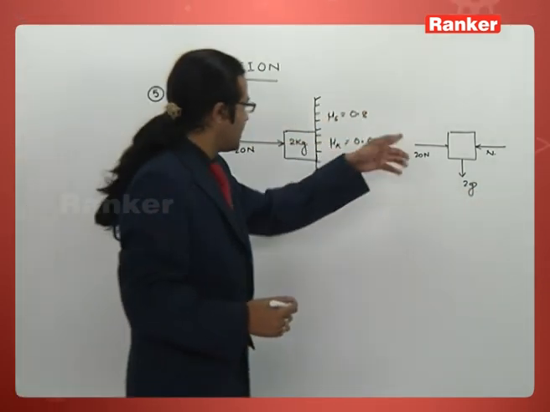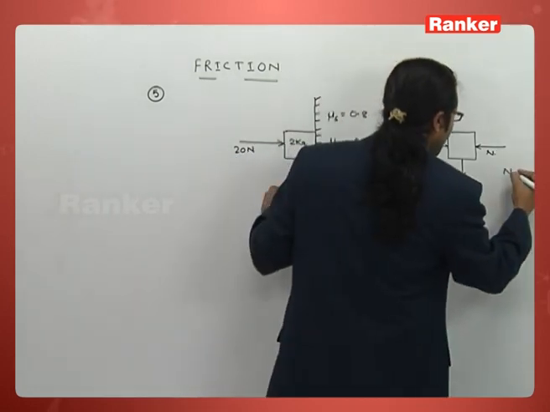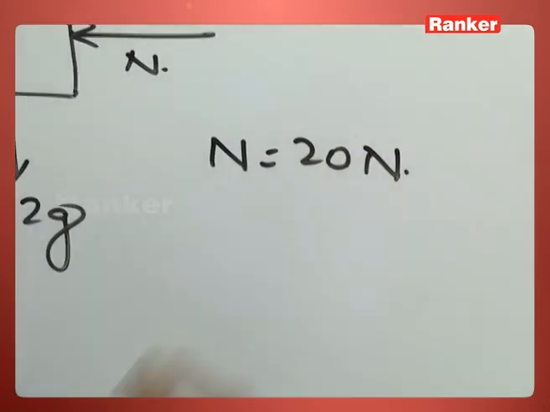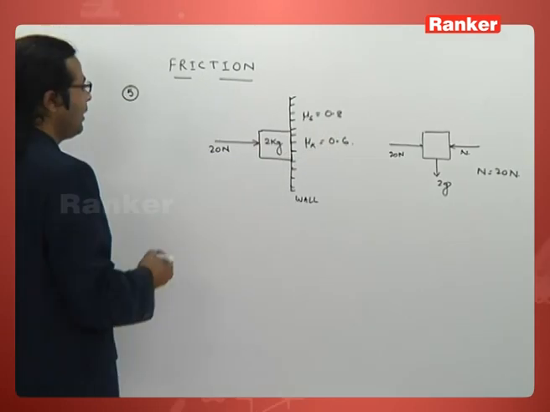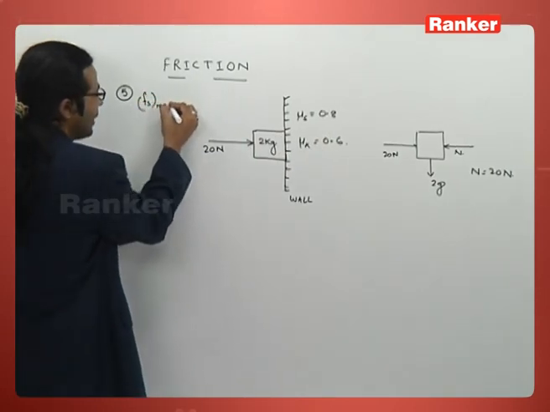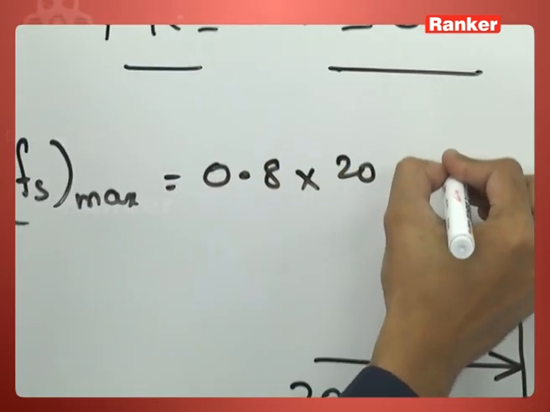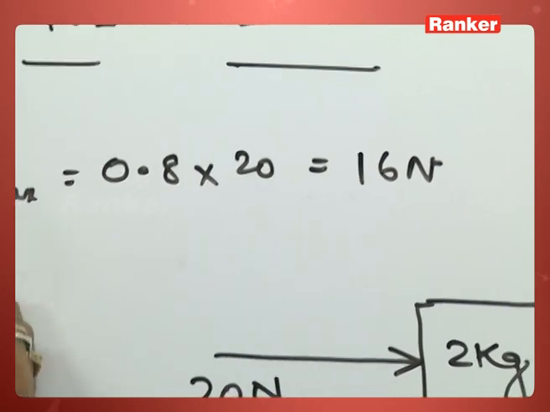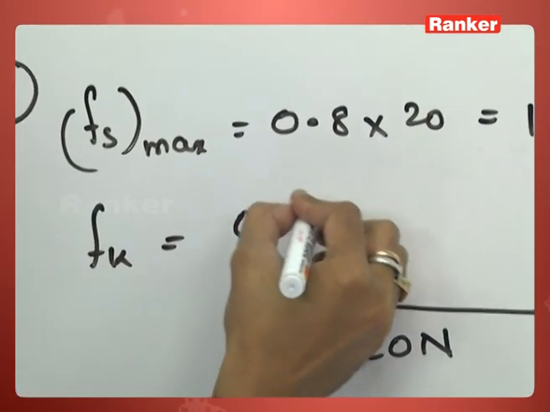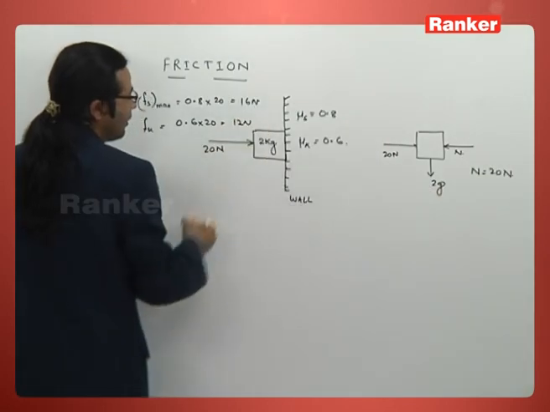Now since the block is not accelerating in this direction, I can say the normal force is nothing but 20 Newton. So here Fs max I can calculate, that is 0.8 into 20, which is nothing but 16 Newton, and Fk I can calculate also, 0.6 into 20, that is nothing but 12 Newton.